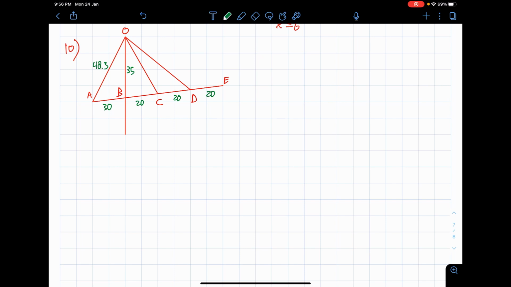Oh, they also put an angle of x. It's like this. This angle here is x. Small angle.